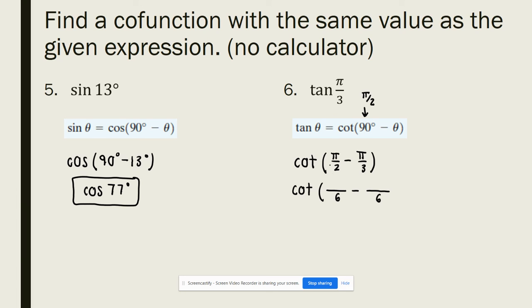So when I multiplied the first fraction, the top and the bottom by 3, that gives me 3 pi over 6. The second fraction, to get that denominator to be 6, I had to multiply the top and bottom by 2. So that's really 2 pi over 6. So notice that now that I have a common denominator, 3 pi over 6 minus 2 pi over 6 gives us pi over 6. So cotangent of pi over 6 would be tangent of pi over 3's cofunction.